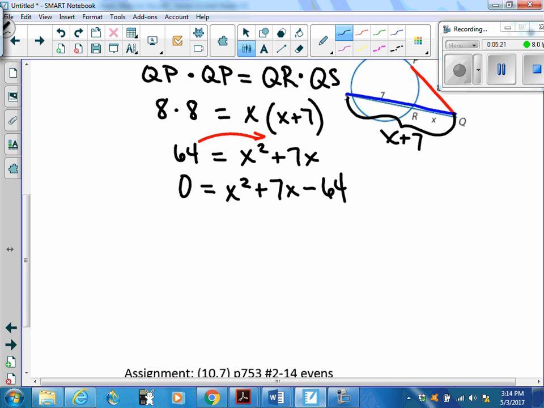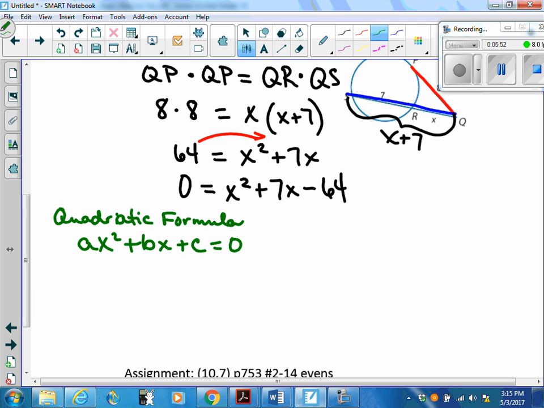So I have a trinomial to solve here. We really have a couple of options. One of them would be to factor, and I can already tell you from looking at this that this is not factorable. That doesn't mean it doesn't have a solution. Our other alternative is to use the quadratic formula, and hopefully you remember that from Algebra 1. The quadratic formula takes a quadratic in the form of ax squared plus bx plus c equals 0.